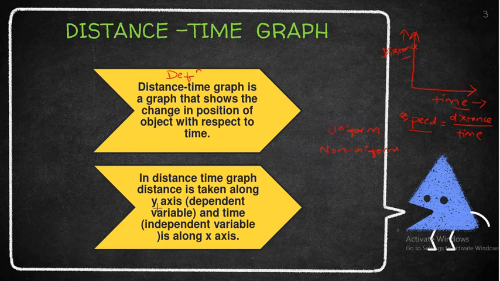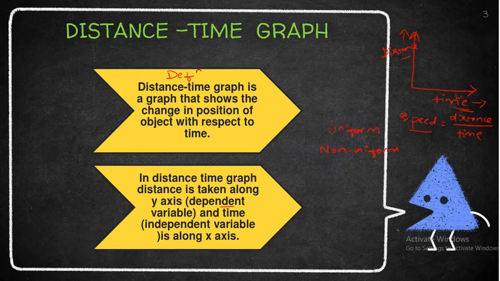Okay, next, in the distance time graph, what are the two variables that we are taking? One is distance and one more is time. And one more thing you have to know: here the distance is called the dependent variable. Dependent means it will vary according to the change in time. It is depending on the time variable.